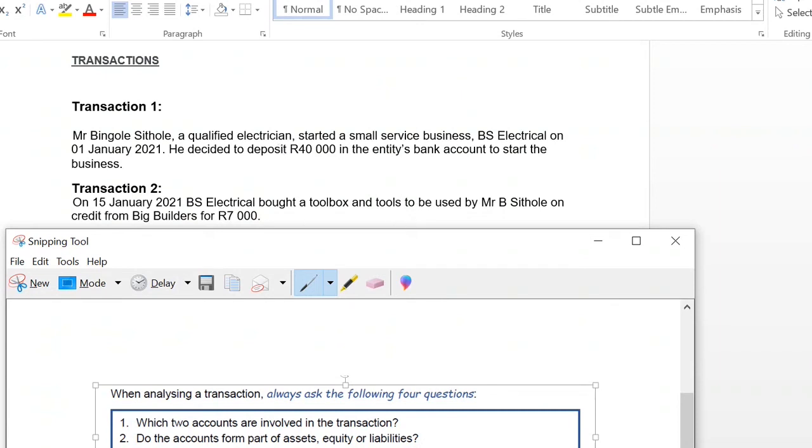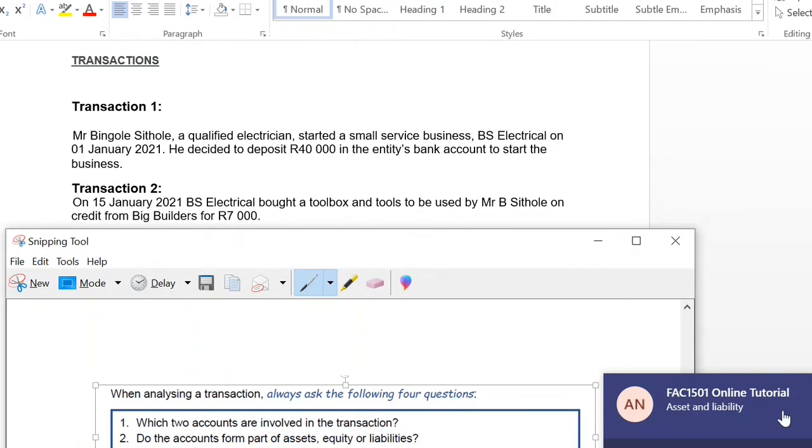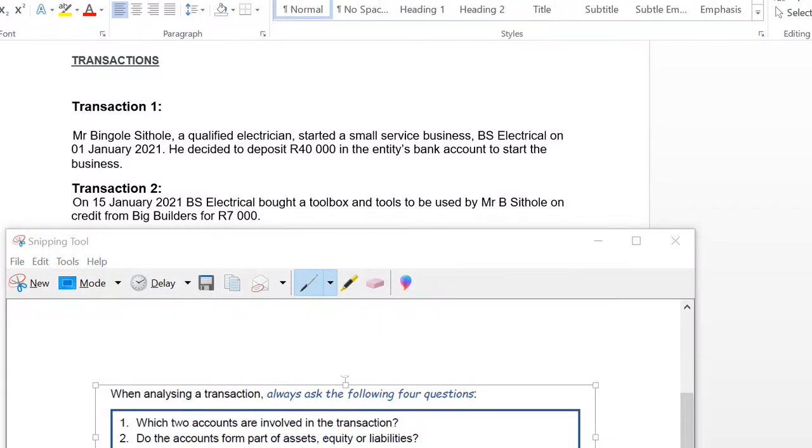Number 2 is, do the accounts form part of asset, equity, or liabilities? Andy is saying asset and liability. So basically, asset is bank, and liability is the creditors.